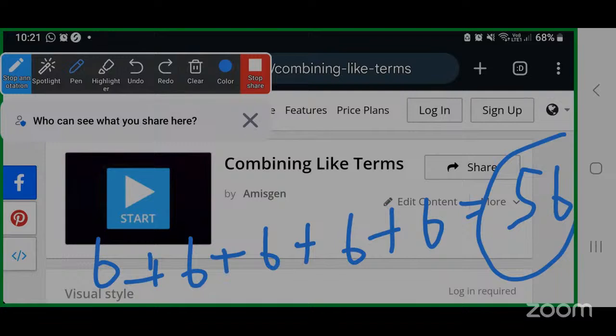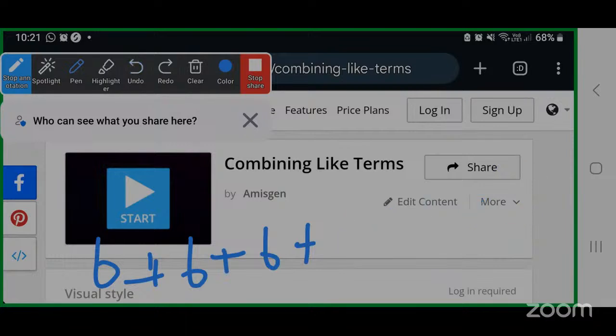And in algebra, terms stand in place of numbers, so we can deal with unknown ideas numerically and work out their value. So I'm going to undo that as well. Say if I had b + b + b + 2b, if I group that, it's going to be 5b. Still 5b.